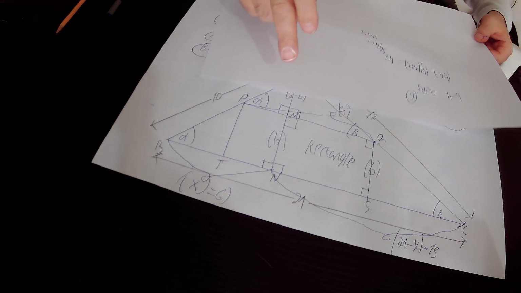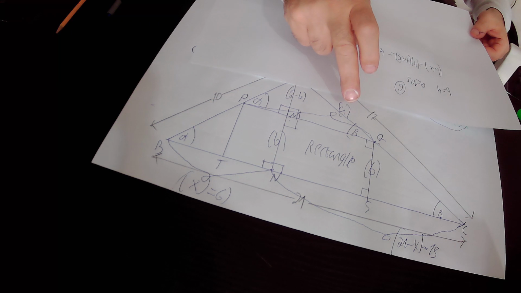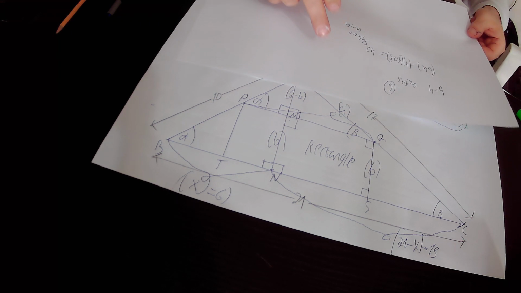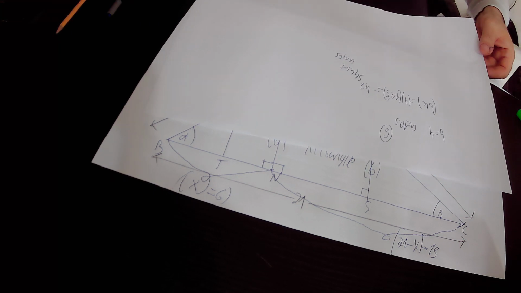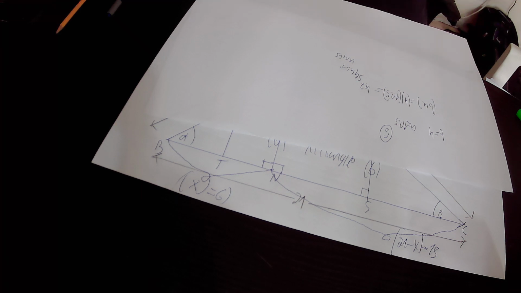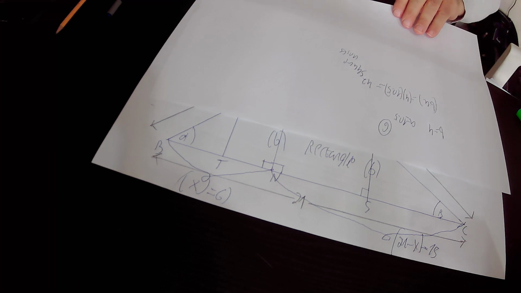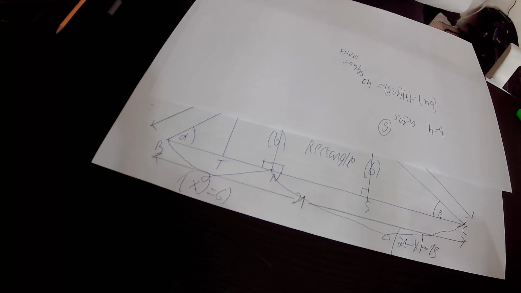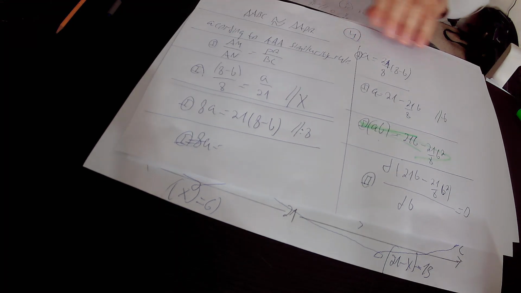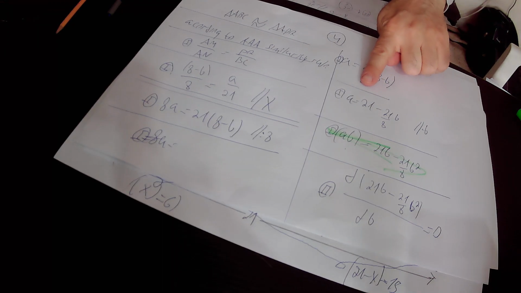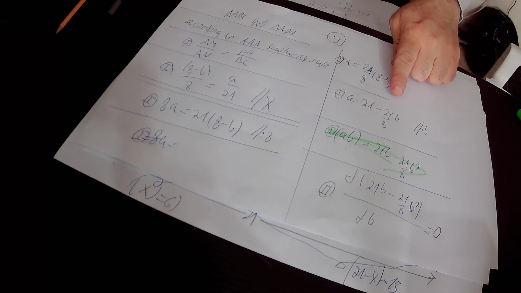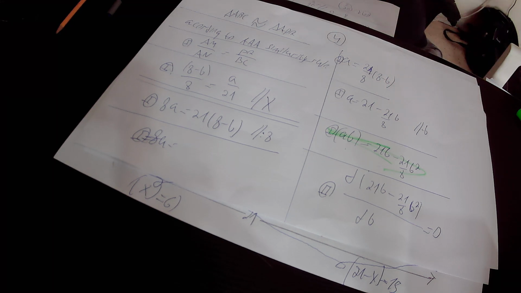How do we know that the length equals 10.5? We just have to put the value of b in the equation of A. Here we have the equation for A. According to equation 1, we can find that the length A equals 21 minus 21 over 8 times b.